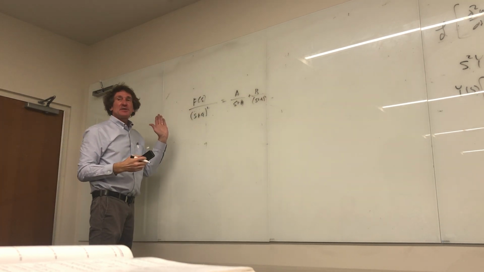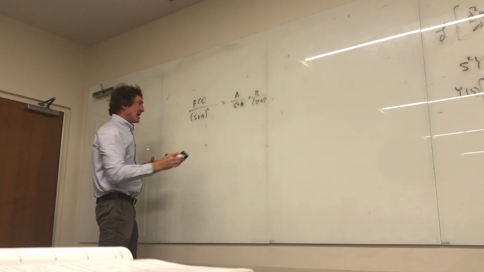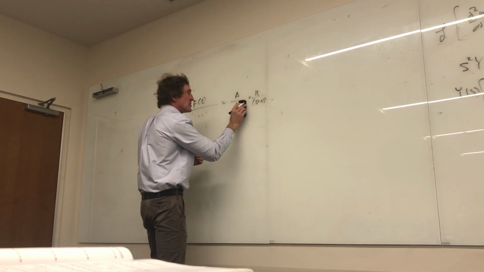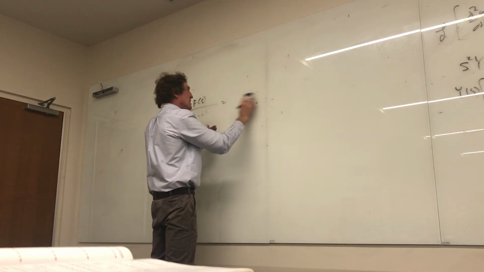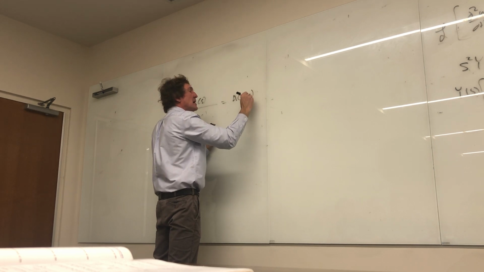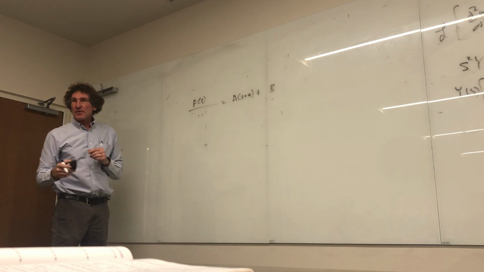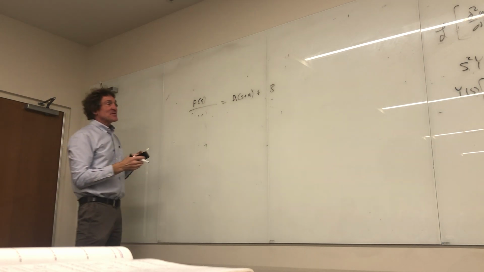You took this equation and multiplied everything by (s plus a) squared. So you got this: A times (s plus a) plus B, and you had F of s over here, right?